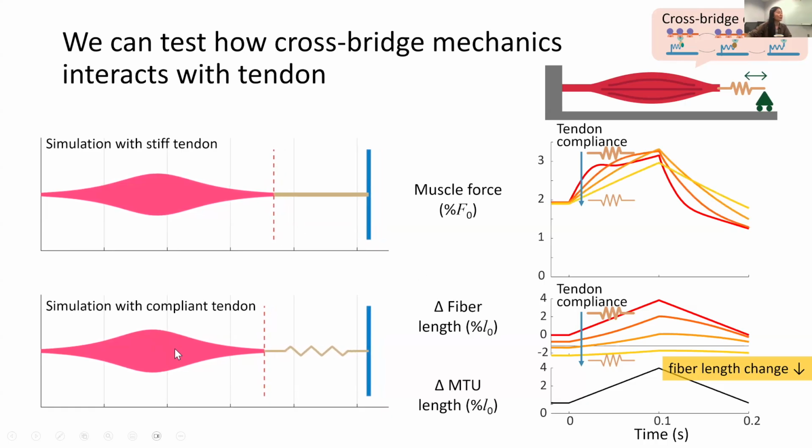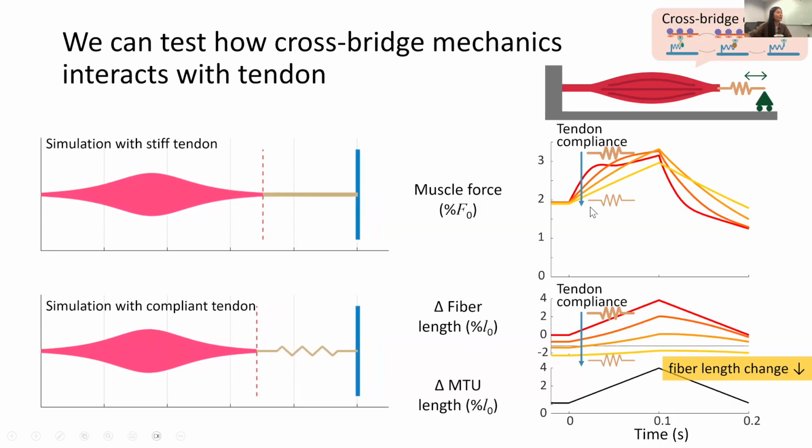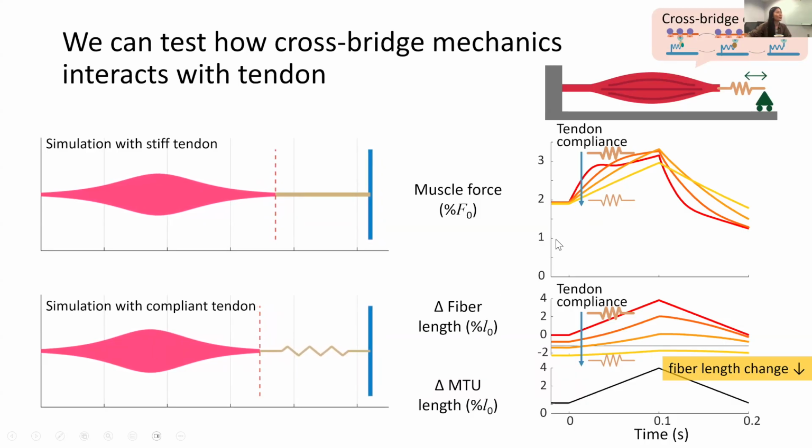And you can run the cross-bridge simulation inside the muscle to see how much force is developed. And because the compliant tendon will absorb the displacement and the muscle fiber doesn't go through a lot of length change, the amount of stiffness it develops is reduced when you have more compliant tendon.